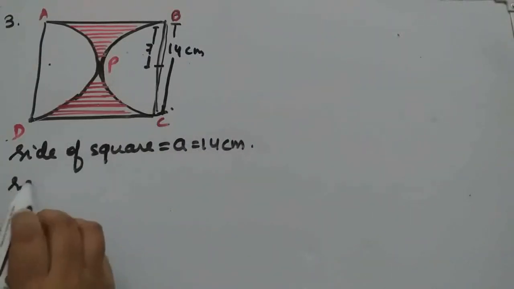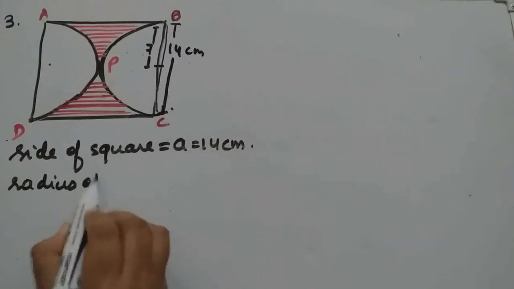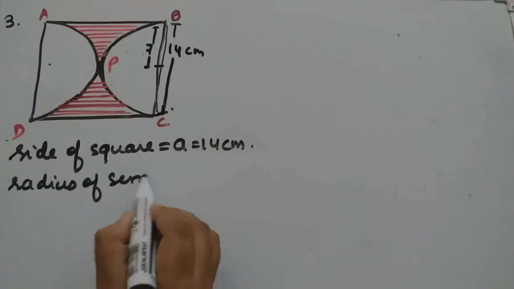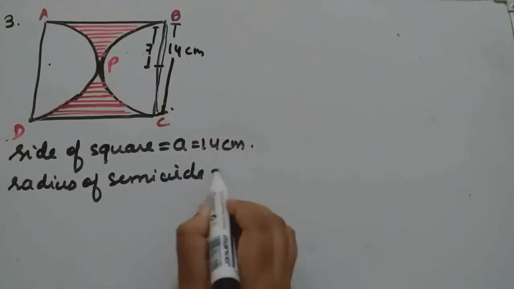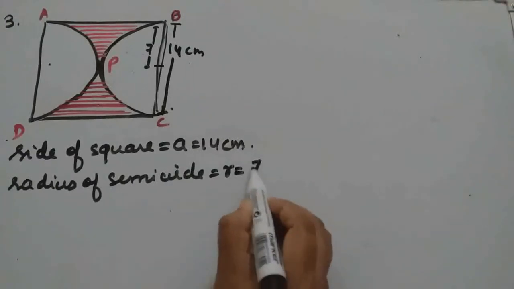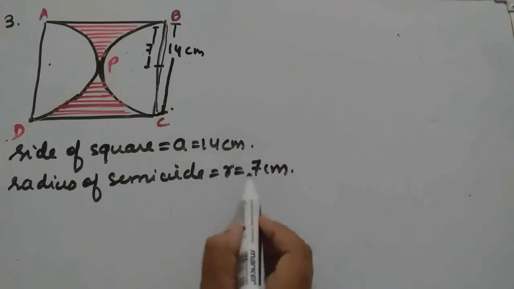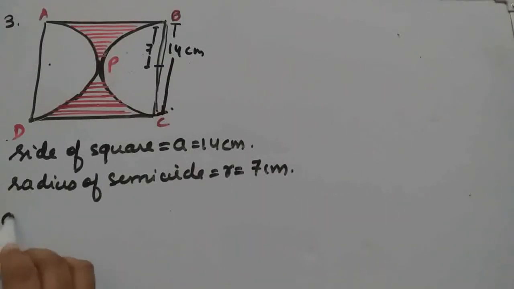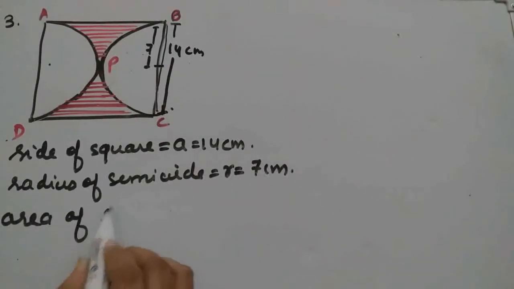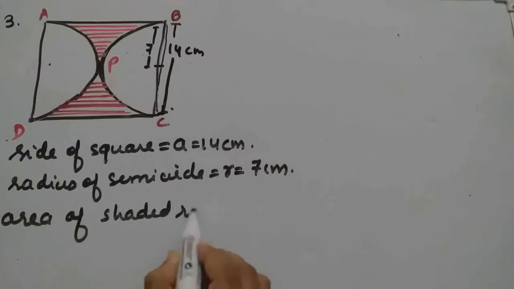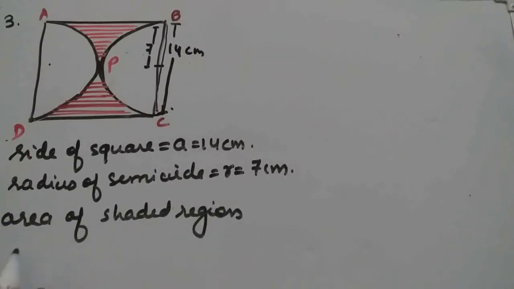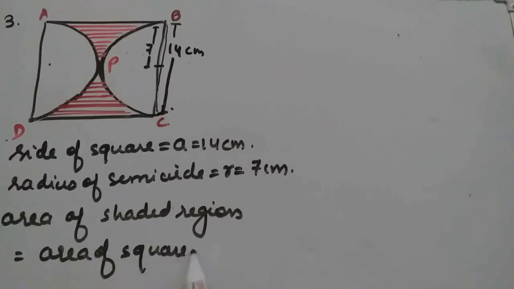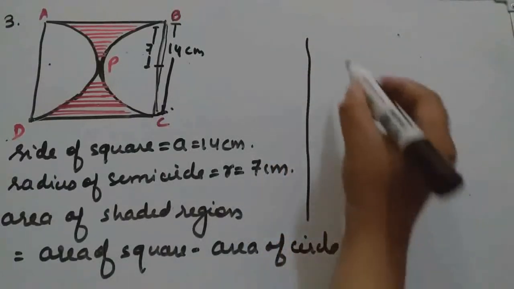And the radius of the circle or semicircle will be r, which is 7 centimeter, 14 by 2 is 7. So therefore the area of the shaded region is area of square minus area of circle. So area of square is what?